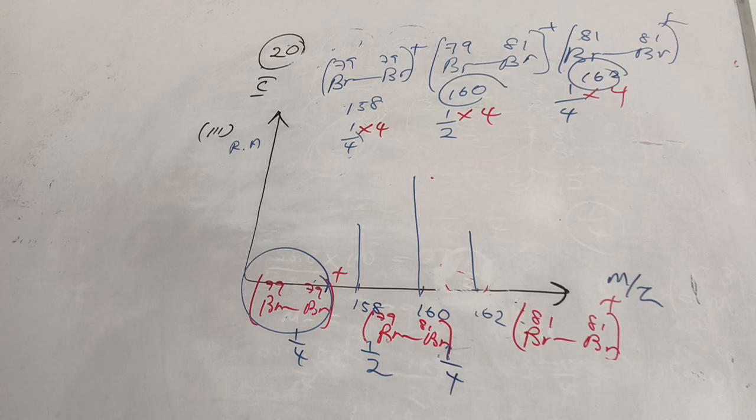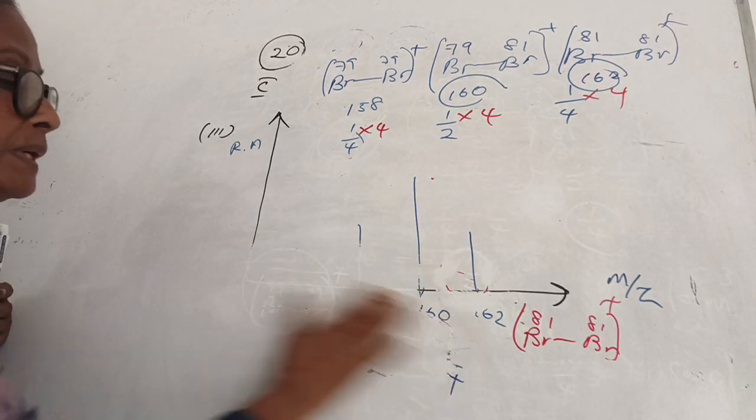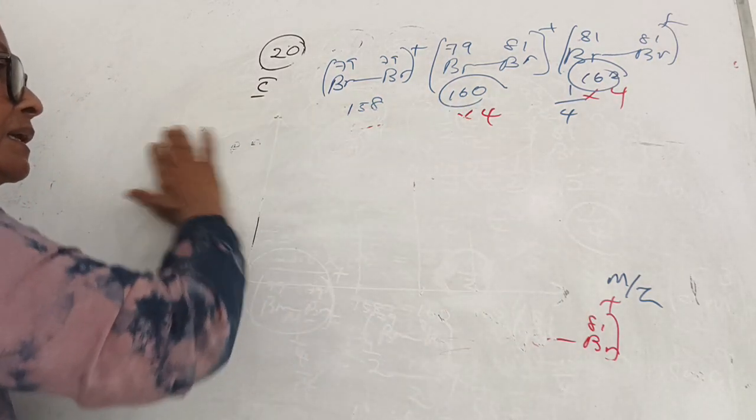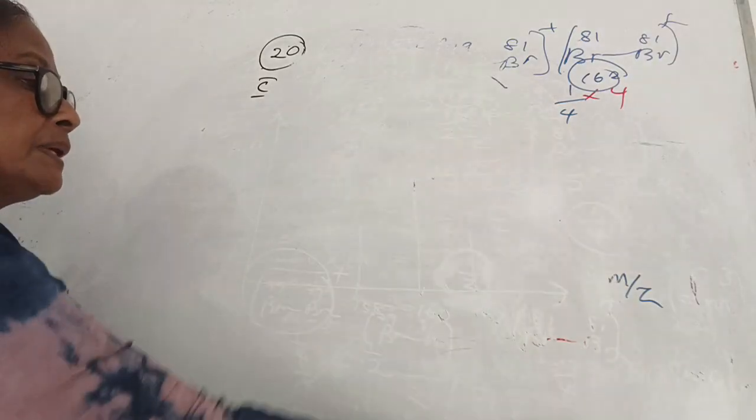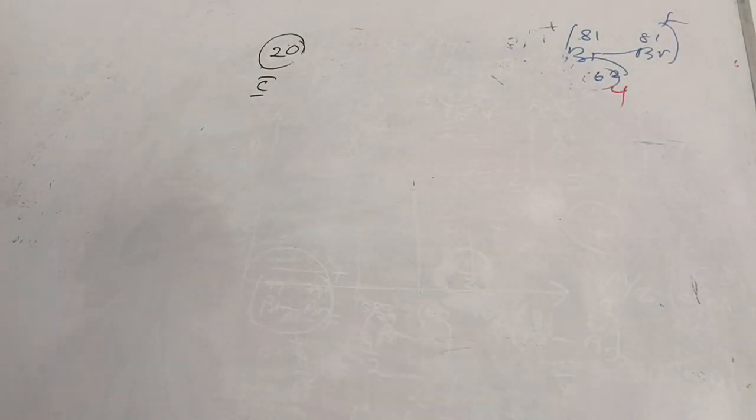So moving on to the D part, the question asks you to find the relative molecular mass of a sample of bromine, but you are provided some further information.